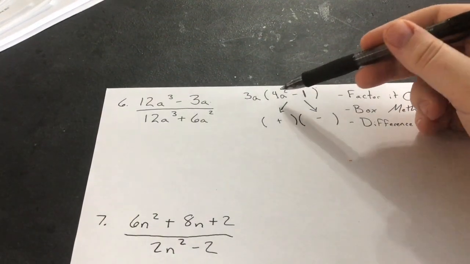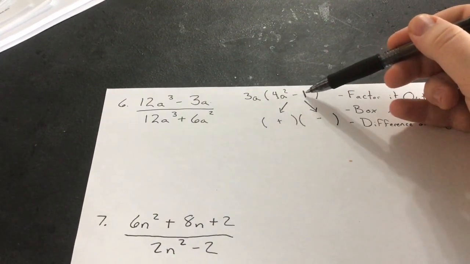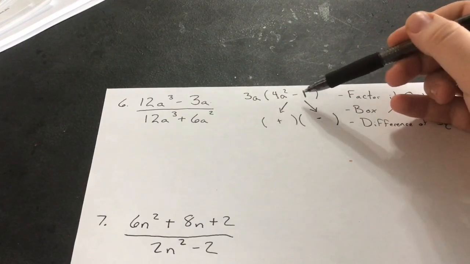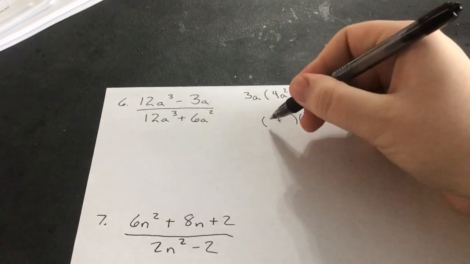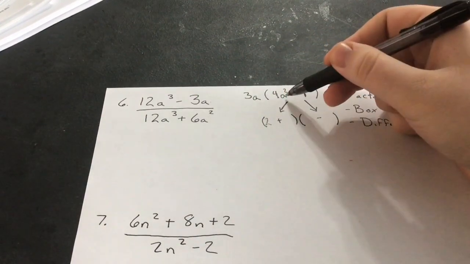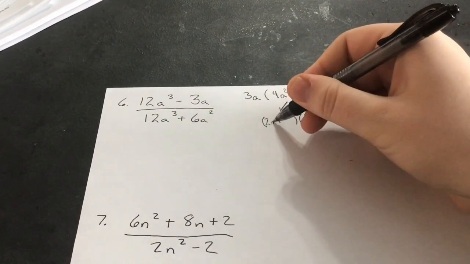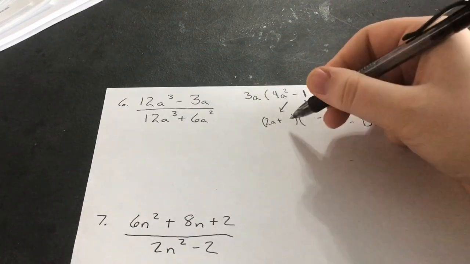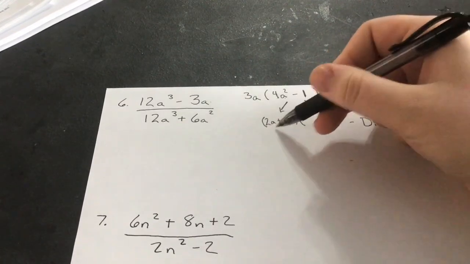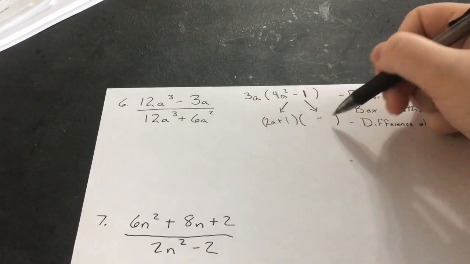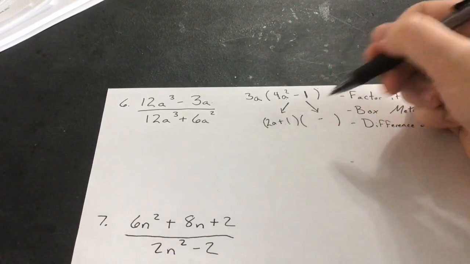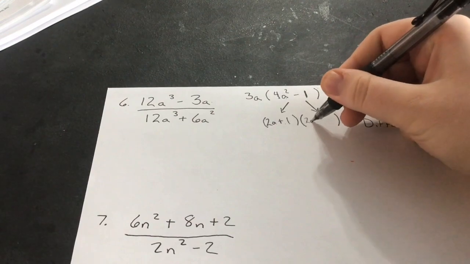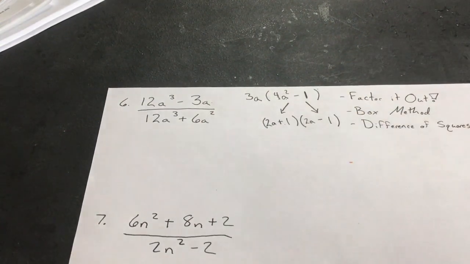And what we do is we take the square root of every term in our original binomial. So the square root of 4 is 2. The square root of a squared is a. And the square root of 1 is 1. So we have 2a plus 1. The second binomial is going to be a mirror image of this, except with a minus instead of that plus. So we end up with 2a minus 1 here.